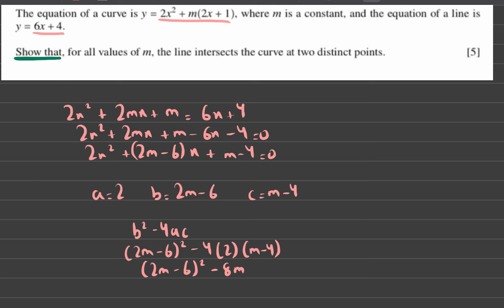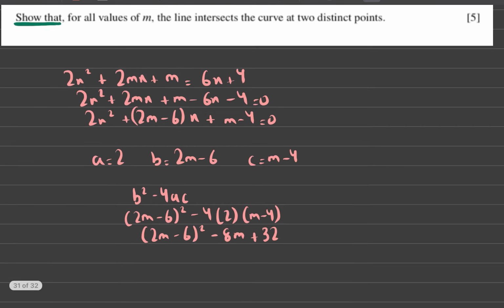2, m minus 4. The 2m minus 6 whole square minus 8m. Then it's going to become 4 2s are 8 and 8 4s is what? Plus 32. Got this? Now let's expand. 4m square minus 24m, with an identity a square minus 2ab plus b square, plus 36 minus 8m plus 32.